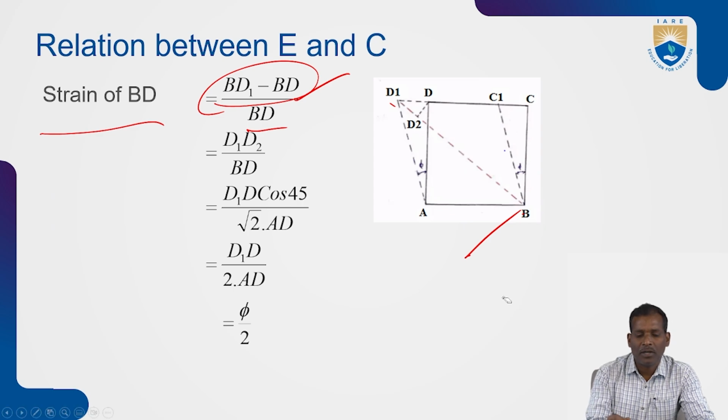Now what is BD1 minus BD? You can write it in terms of D1, D2. Take a perpendicular line from D2 on the BD1 line.